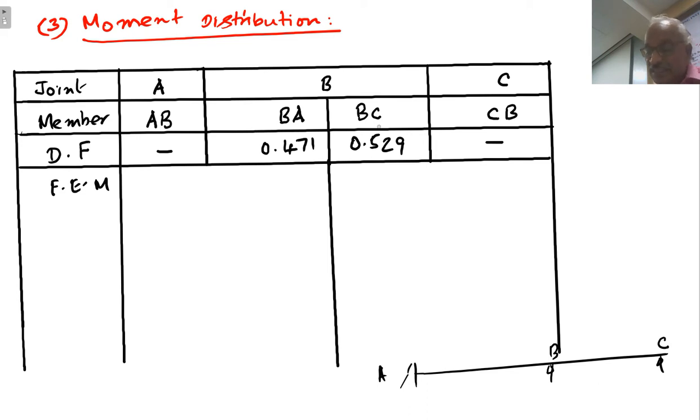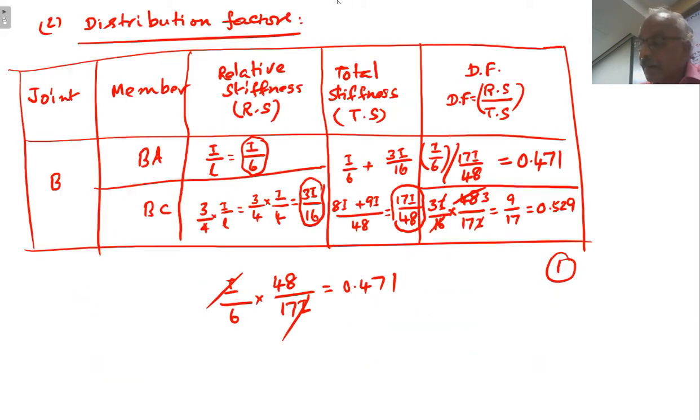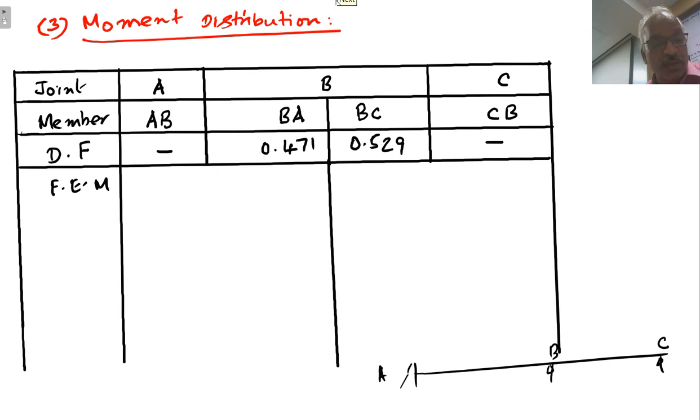Right. Next step is that of fixed end moments. Fixed end moments are MFAB is minus 337.02, this is 142.98, MFBC is 111.625, 324.965. So I have to reproduce these values in the tabulation.